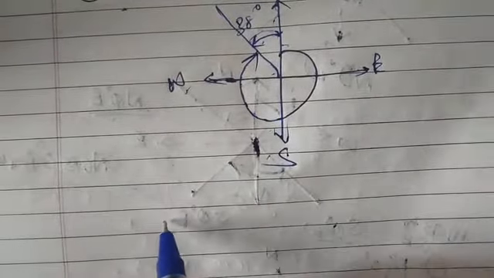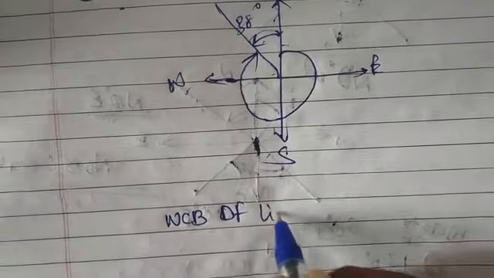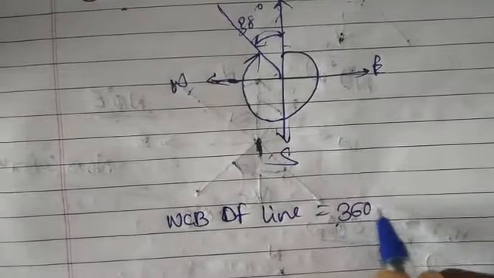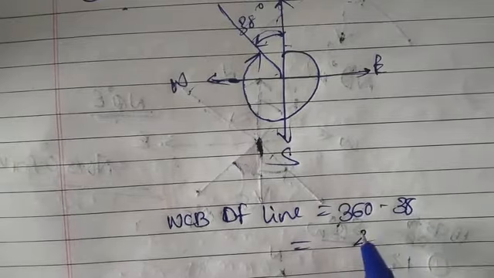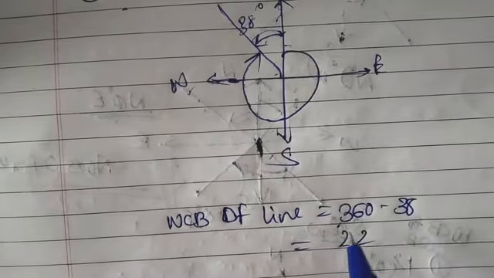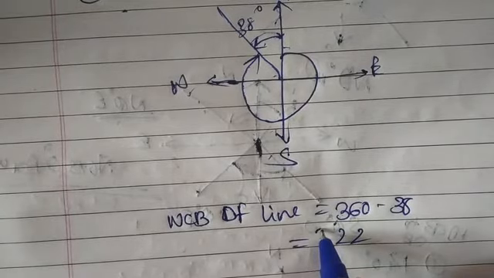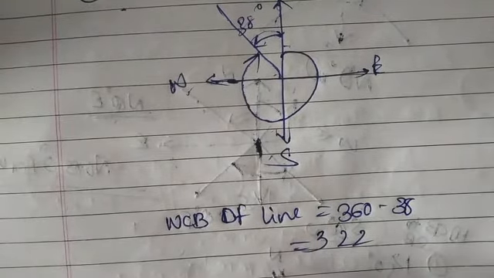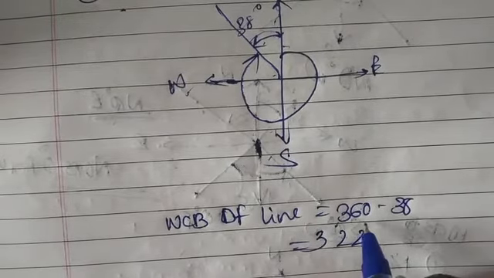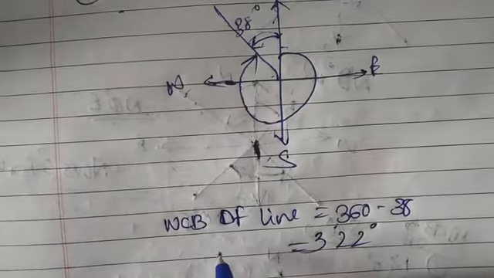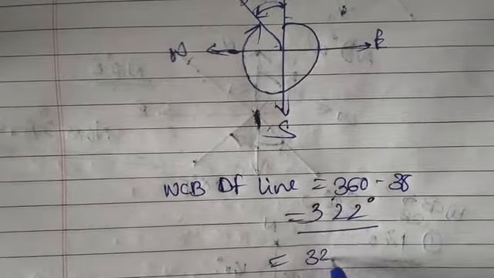So WCB of the line equals 360 minus 38, which is 322 degree, because whole circle bearing is represented in angle only.